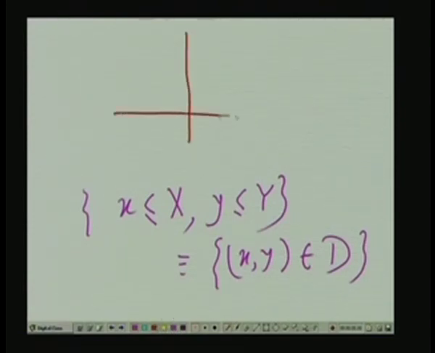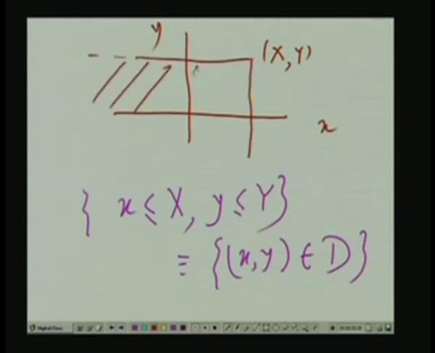Suppose this is the xy plane, and this point is your capital X, capital Y. Then if you draw these lines, this area is D. Obviously, within this area, both conditions are jointly satisfied: x less than or equal to capital X, and y less than or equal to capital Y.